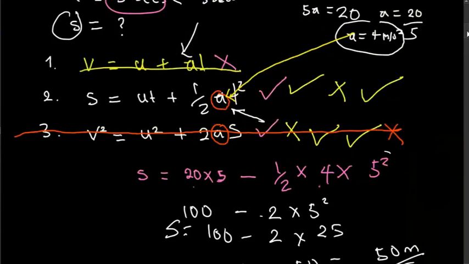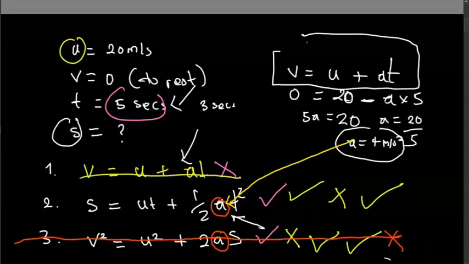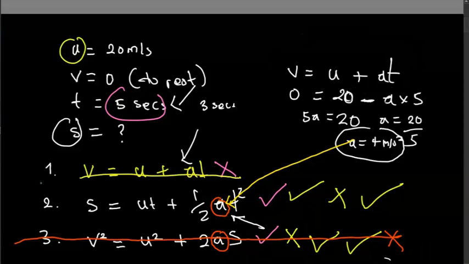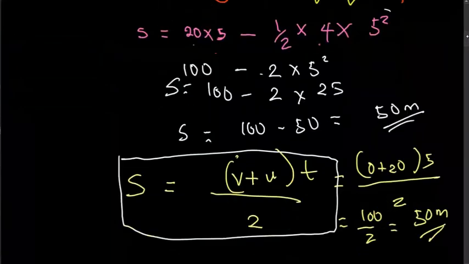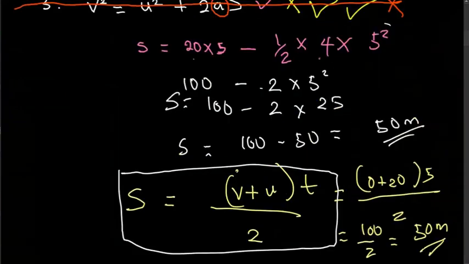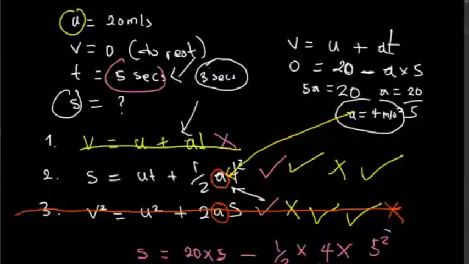So you have to first find acceleration using this formula, and then you go on to equation 2 to find distance. So do that right now. Start solving and snap your work, send to the group. Hope you understand the question. But we're going to use 3 seconds instead. Okay, 3 seconds, not 5.